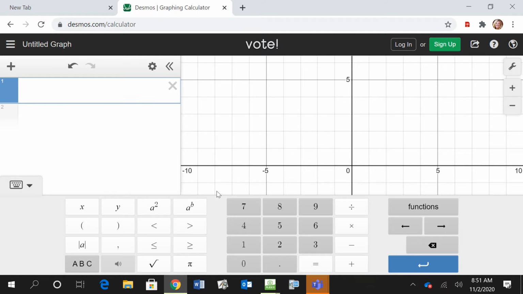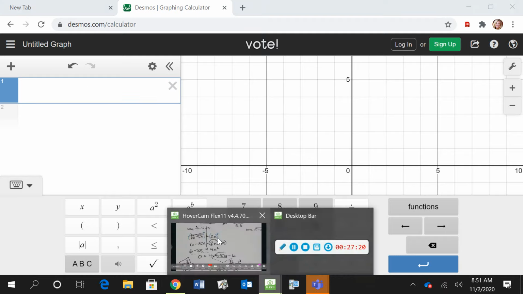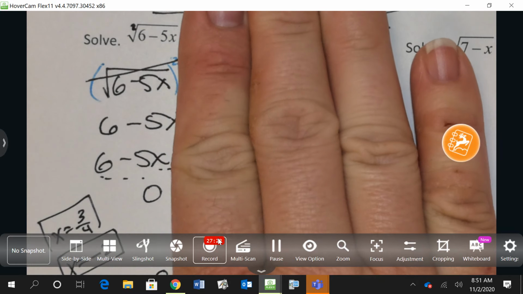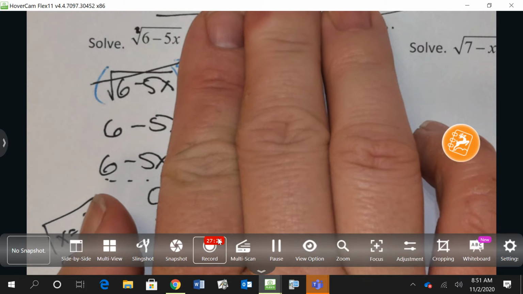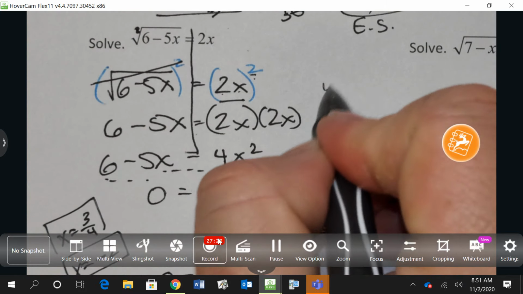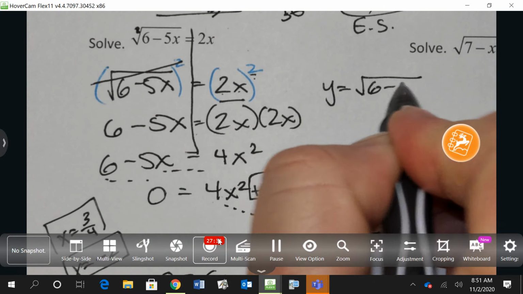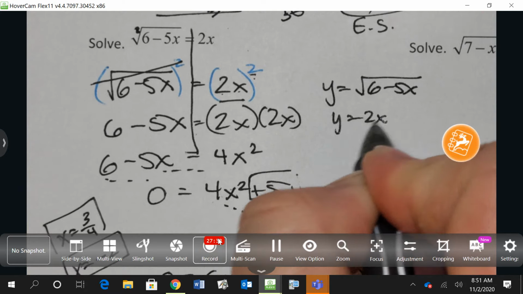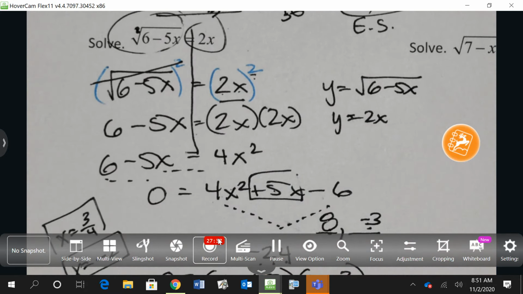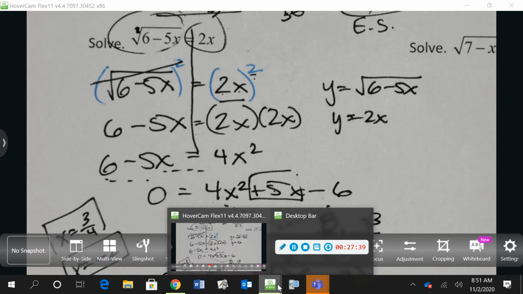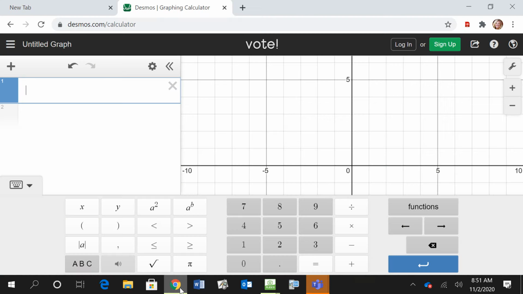If I come back here, just to give you an idea, I'm going to graph y equals this, and I'm going to graph y equals this. So think of this as an equation. Y equals the square root of 6 minus 5x, and y equals 2x. This is one equation, this is the other equation. I want to know, where do they meet? Wherever they meet, whether it's in one place, two places, or never, will tell me the actual answer.